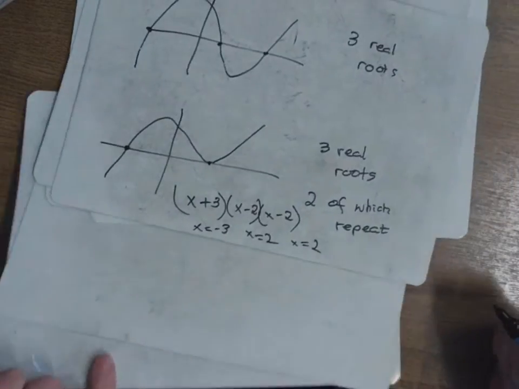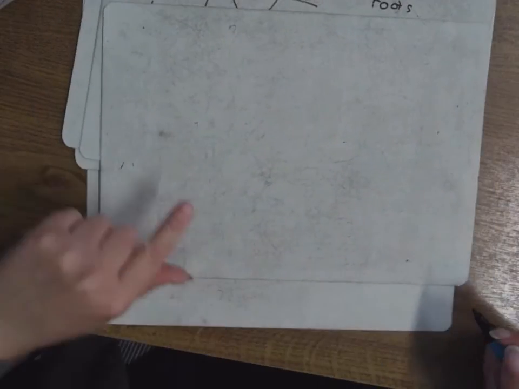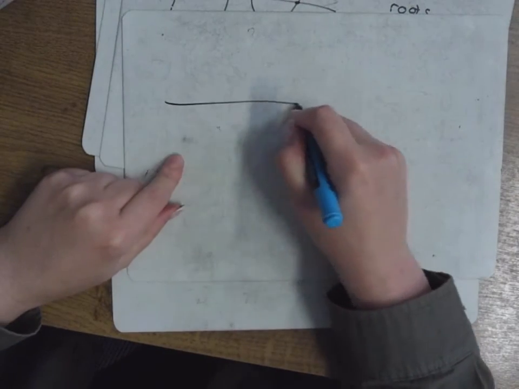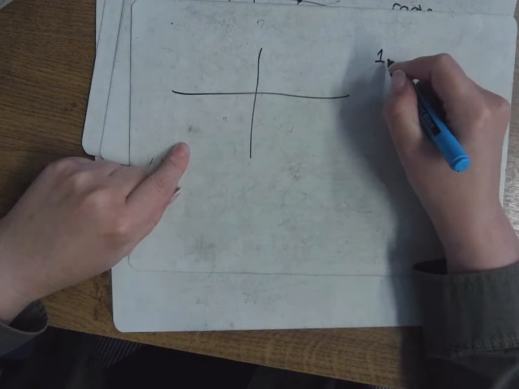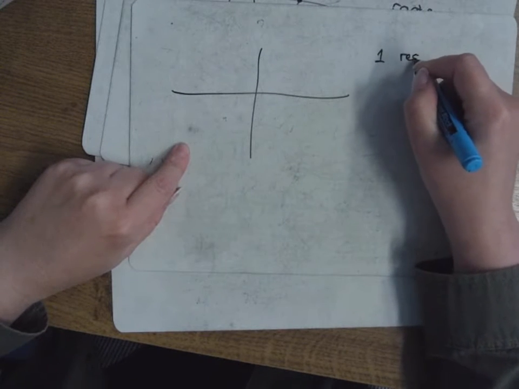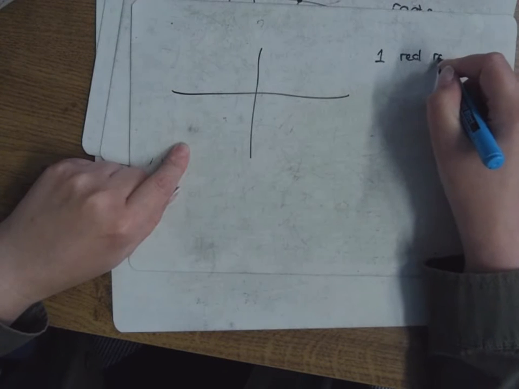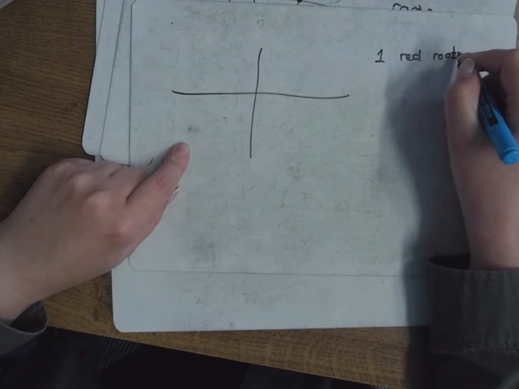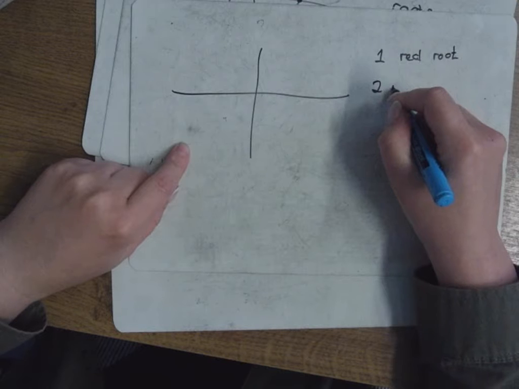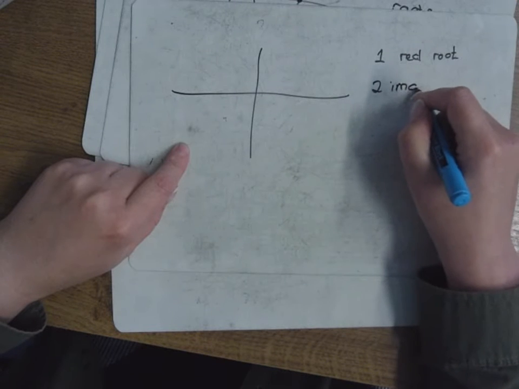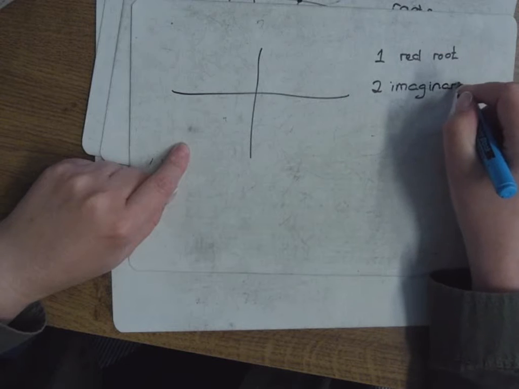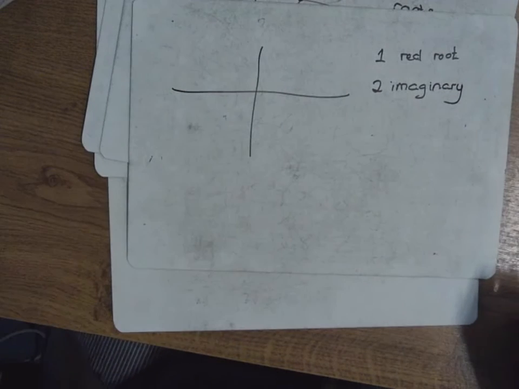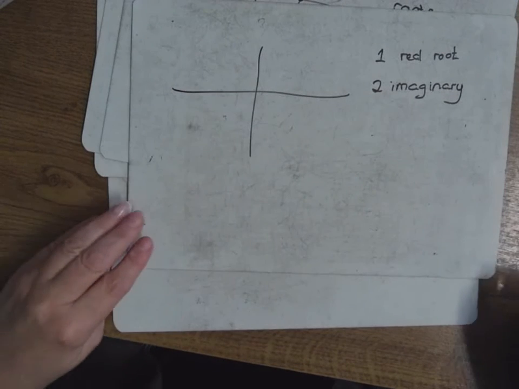Right, okay, and finally, the only other option, girls, is one real root. So again, there's still three answers, but two of them are imaginary numbers. As in, when you go to solve the quadratic, you'll end up trying to get the square root of a negative number which doesn't exist.